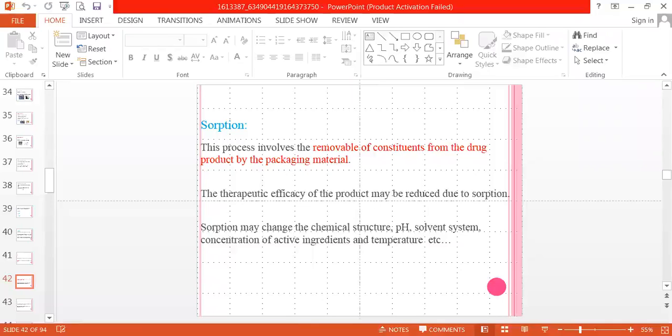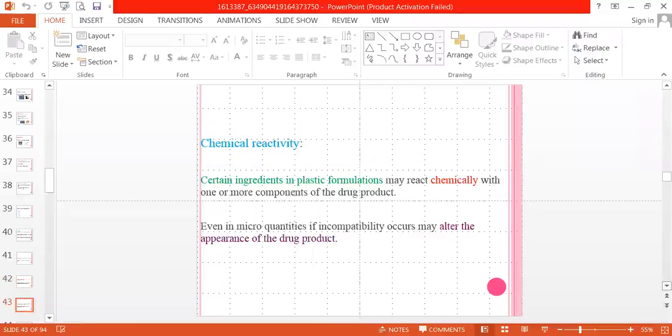Generally, in the case of plastics, sorption takes place as well as leaching, and both of these processes are not suitable or safe for us. Then chemical reactivity.